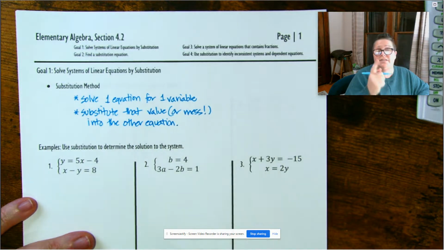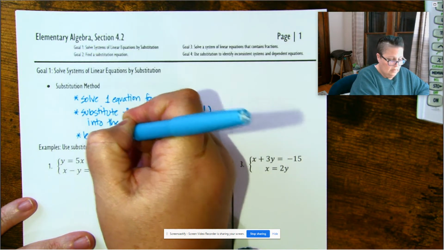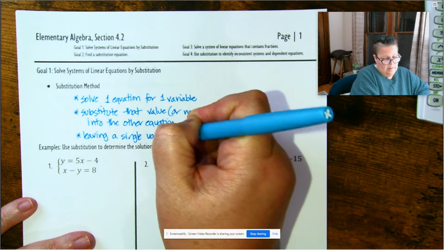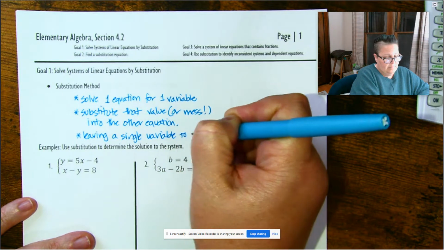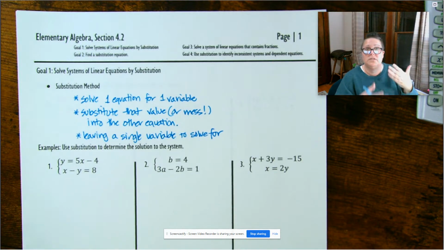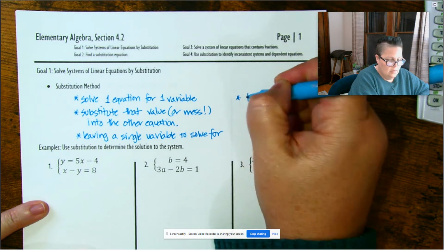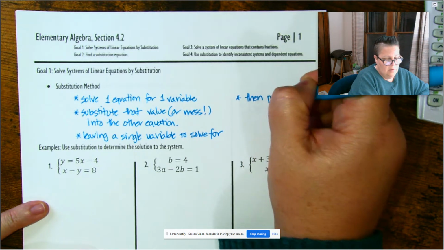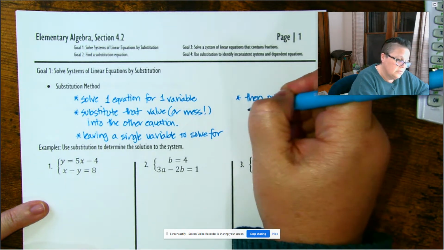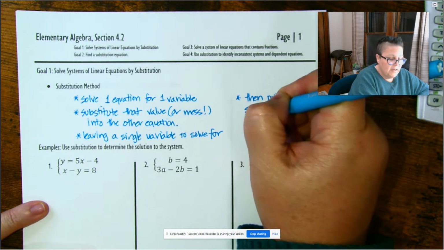This should leave you just a singular variable to solve for, and once you've solved for that, we're going to put that solution in to find the other variable.